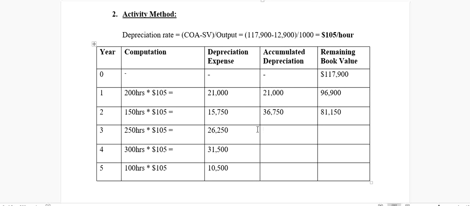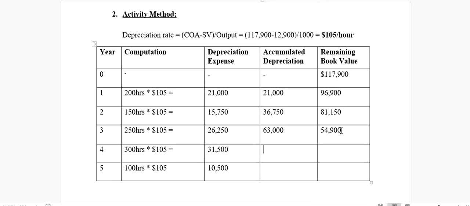Then at the end of the third year, my accumulated depreciation would be $36,750 plus $26,250. If you add it, we get a value of $63,000. Our remaining book value would be $81,150 minus the depreciation of the current year, which is $26,250. So we will get a value of $54,900. That's the remaining book value.